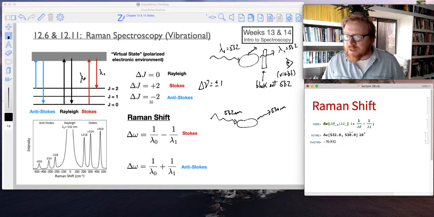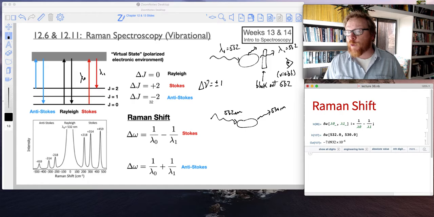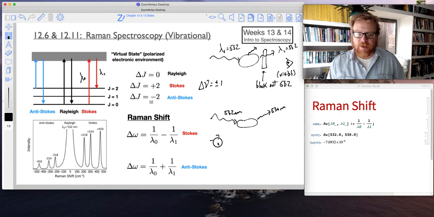Well, if I calculate that Stokes shift, which would go 1 over 532 minus 1 over 530, let's take away that factor of 10 to the 7, because that would be 1 over nanometers. So I get this crazy number, negative 7.09 times 10 to the minus 6 inverse nanometers.